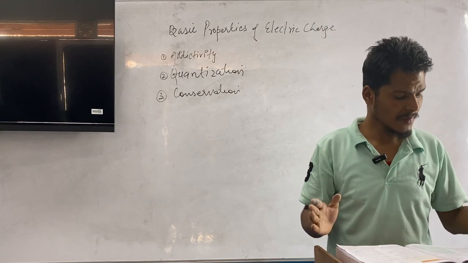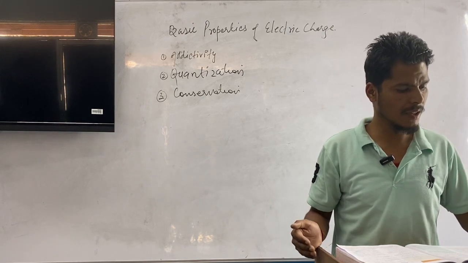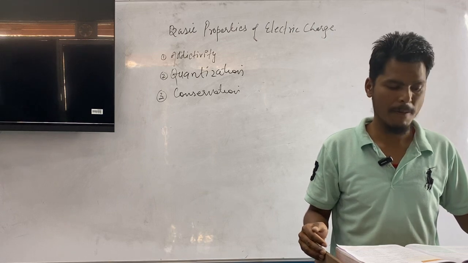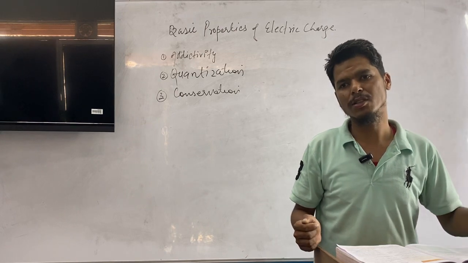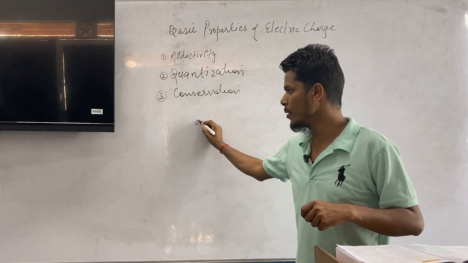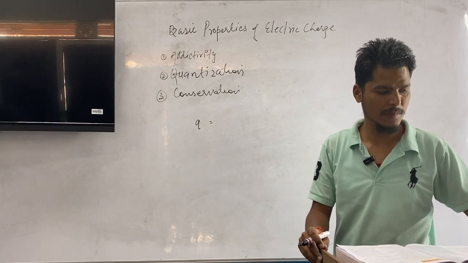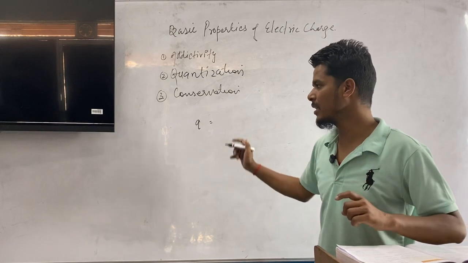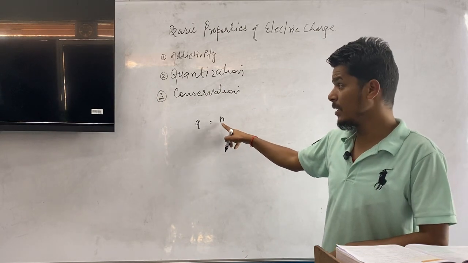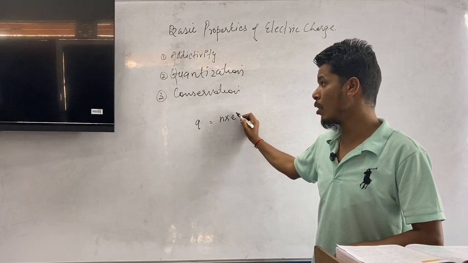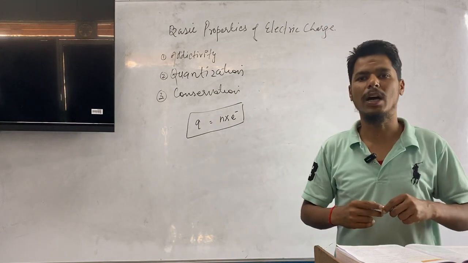So according to this property, you just note down, the quantization of electric charge means that the total charge of a body is an integral multiple of the charge on an electron.